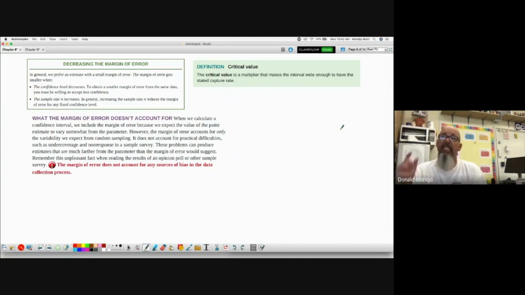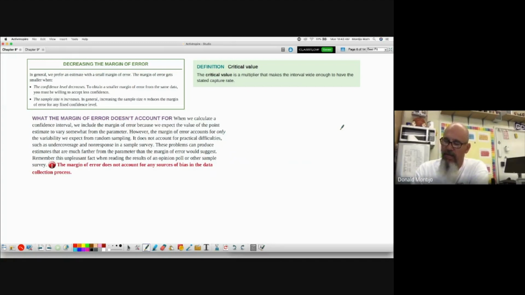We want to decrease the margin of error. And if that's the case, we need to figure out how we can go about doing that. Okay? The smaller the margin of error, then the more reliable or useful the confidence interval would be. Okay? So how can we decrease the margin of error?